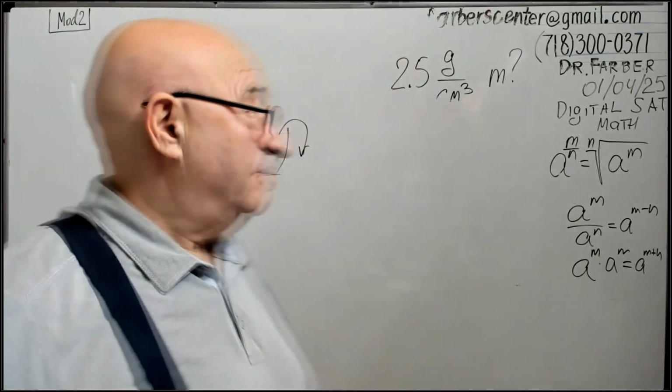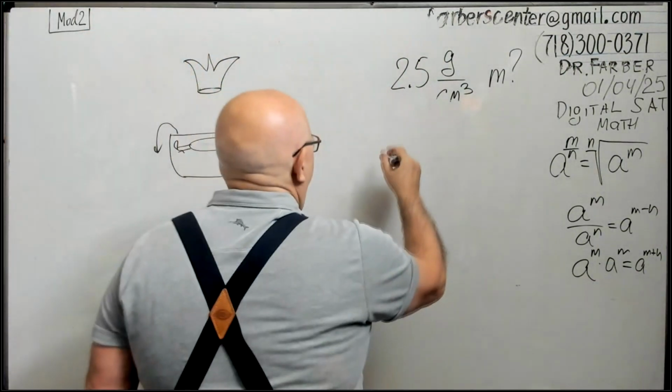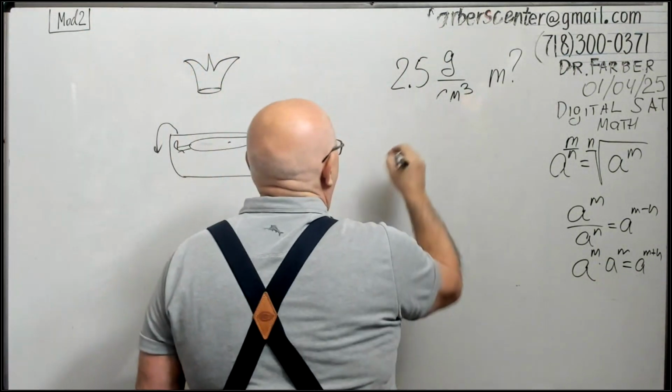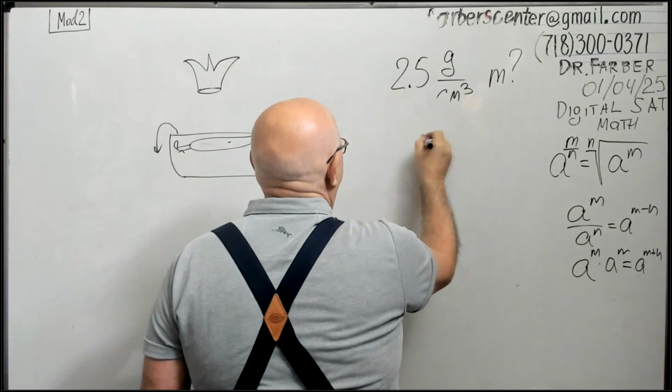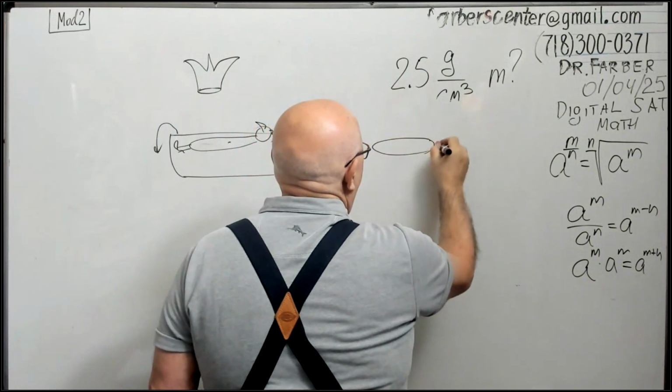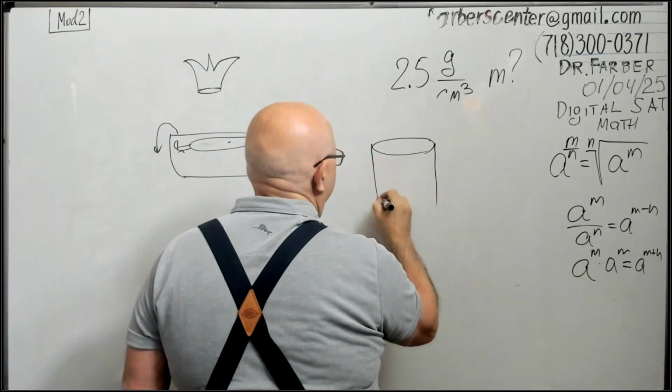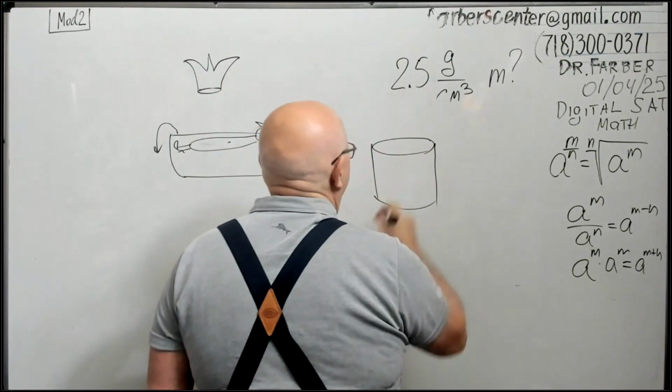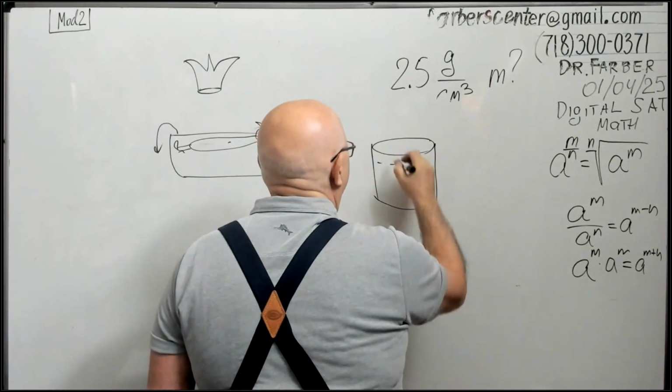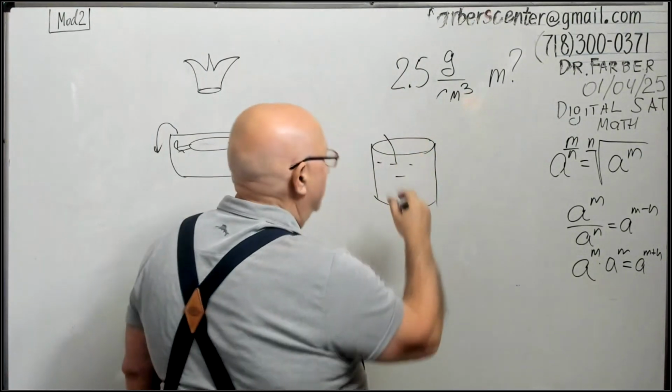How he did it? Look at this. He put a vessel, full of water, let's say a pen, and put the crown in this vessel.